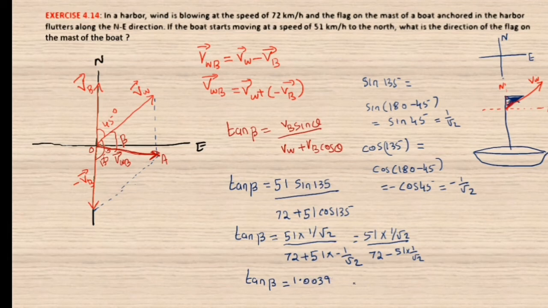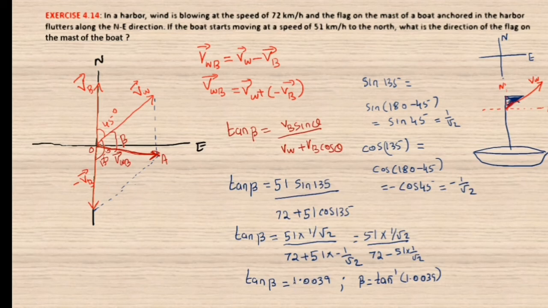Therefore, you can calculate here beta is equal to tan inverse of 1.0039. Just leave the 1.0039. It's almost 1 only, no? When will you get tan beta equal to 1? When it is 45 degree, right?